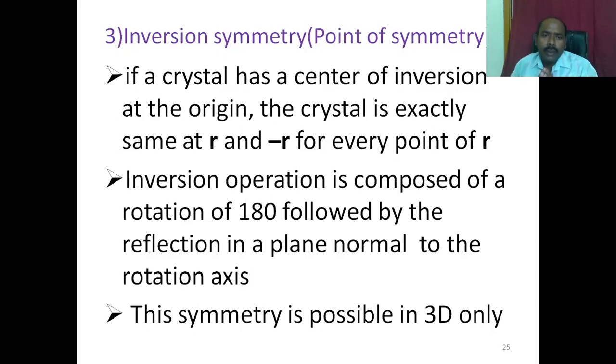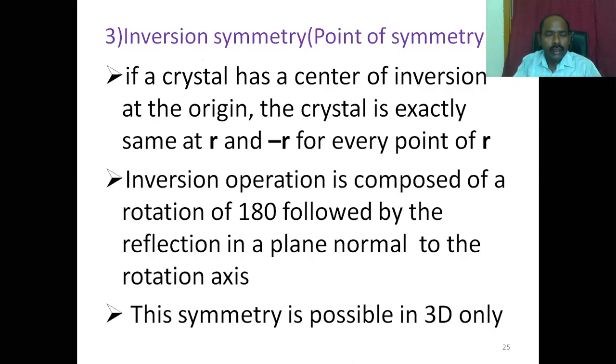I told you we have considered only 3 symmetry operations. Not only these 3 symmetry operations exist; from a combination of all these 3 or some other operations, we get more symmetry operations. Here we are seeing a similar example. The inversion operation is one symmetry operation, and we can express it as a combination of two of the above.